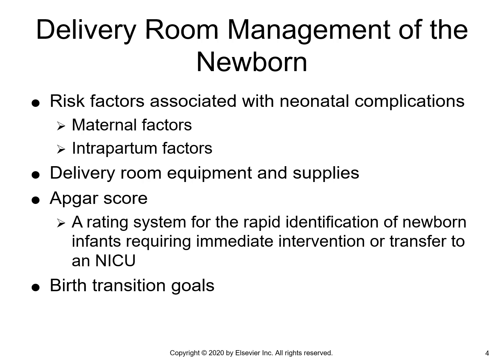APGAR scoring is basically a quick way for us to relay information about how the baby is transitioning into their life. We will also talk more about this in detail later on in the slideshow. Birth transition goals are basically what we expect the baby to do, what we want them to do.